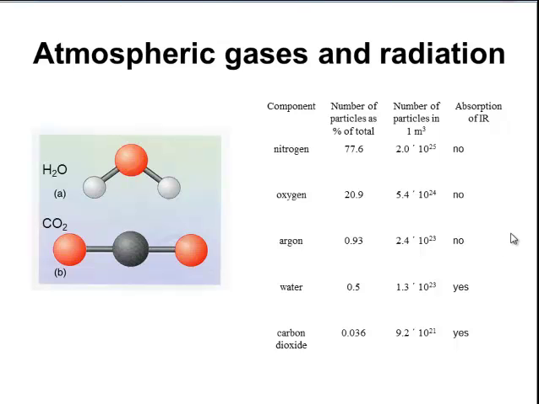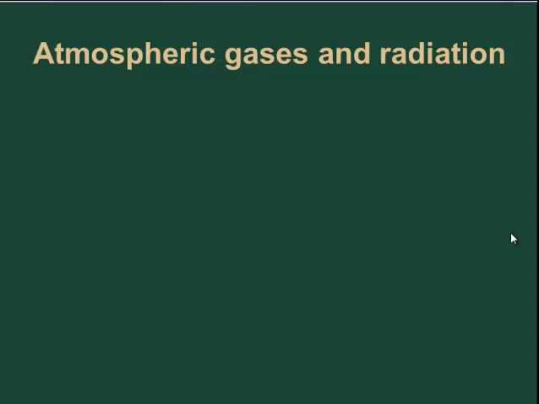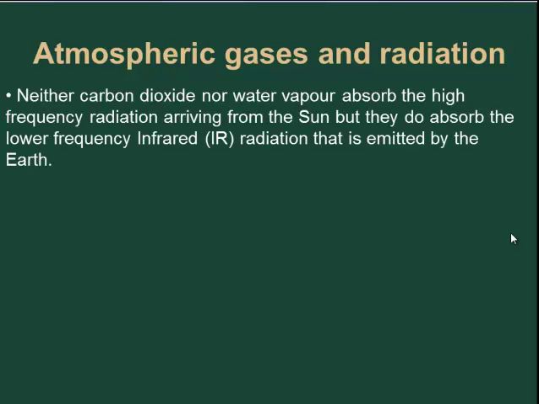So let's go through some key points about greenhouse gases. I've just made them as bullet points here. Atmospheric gases and radiation. Number one, neither carbon dioxide nor water vapor absorb high frequency radiation arriving from the sun directly. So they don't stop sunlight getting in, but what they do absorb is the lower frequency infrared radiation that's emitted by planet Earth.